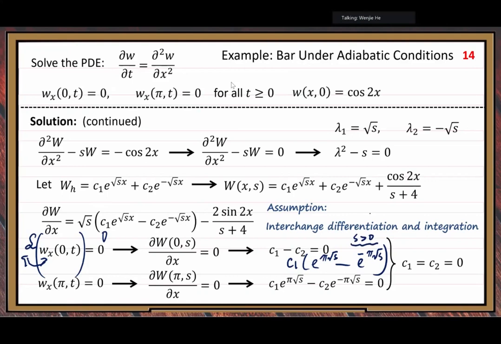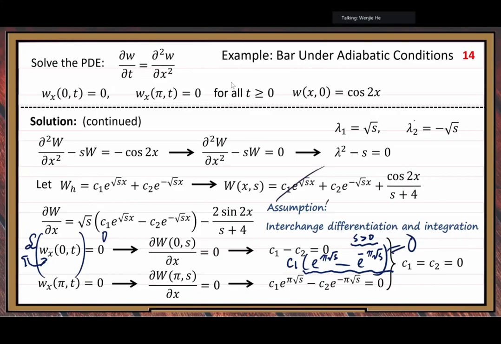When we do the Laplace transform, we have this assumption. Then this parenthesis part is non-zero. Non-zero, then the only way we can get this equation is C1 must be 0. So C1, C2 must both be 0.